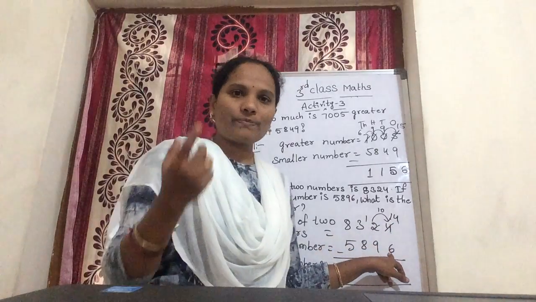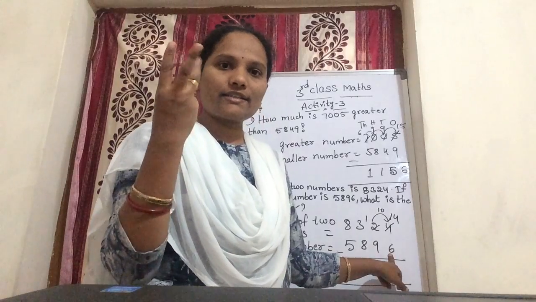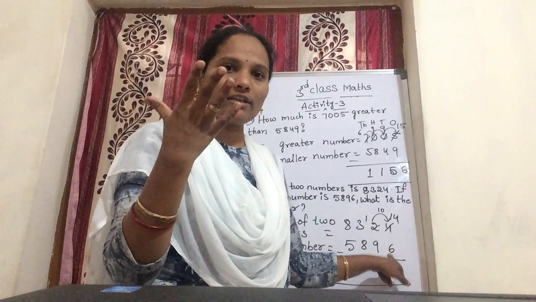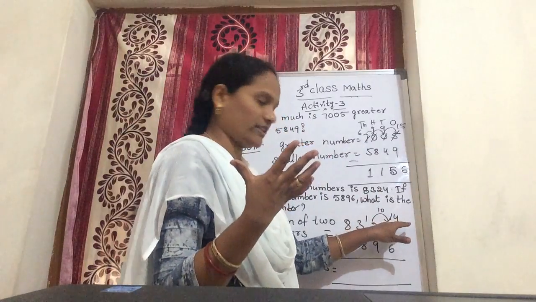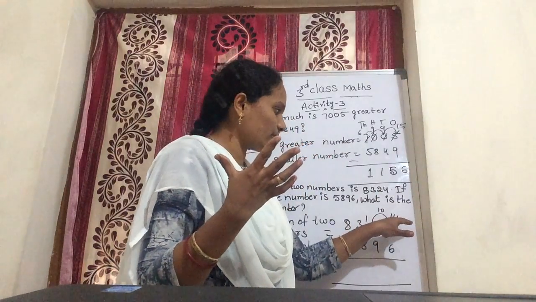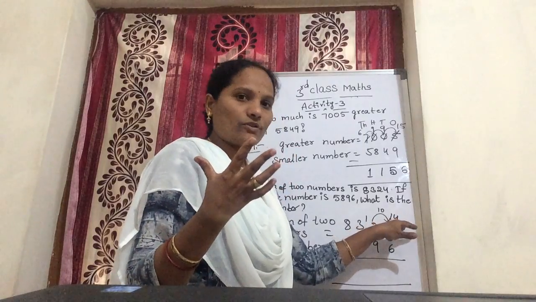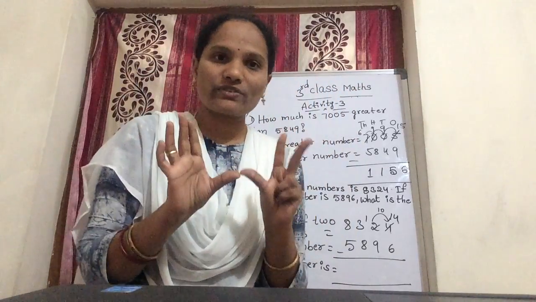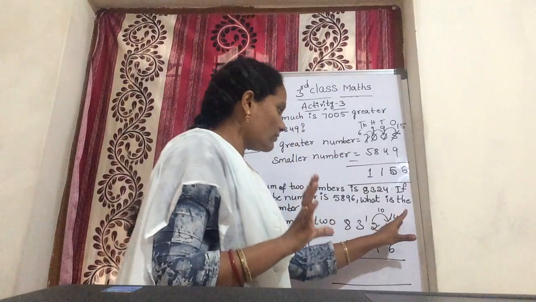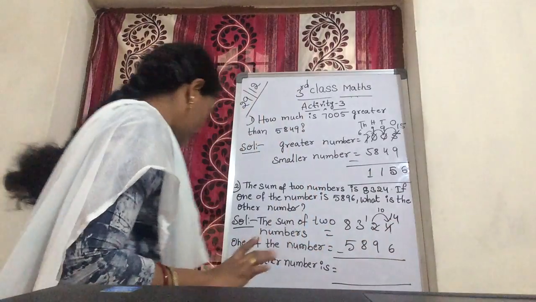Now 6 after 7, 8, 9, 10, 11, 12, 13, 14. Up to where should we count? Up to the first number. You are reaching the first number. So in this way, how many fingers you get? 5 and 3. 8 fingers you get. So what is your answer, Amma? 8. So 14 minus 6, 8.